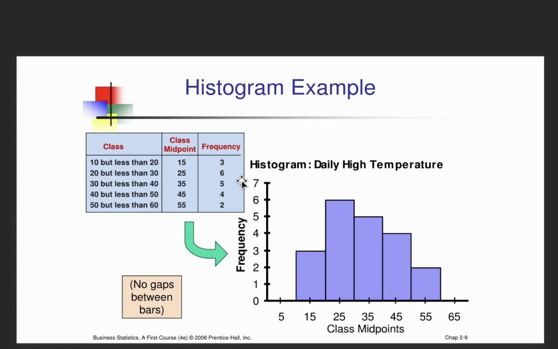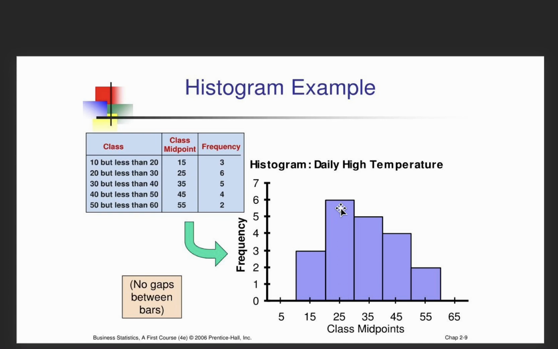That's convenient and appropriate. So then you count how many observations in first class interval, second, and so on: 3, 6, 5, 4, 2. So the height of the rectangle represents the frequency. This is 3 units tall.